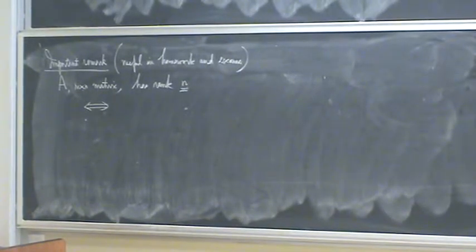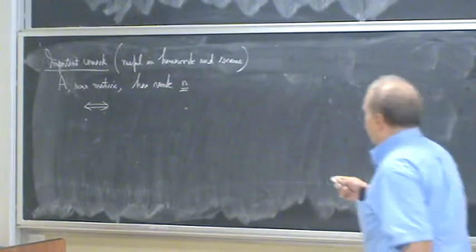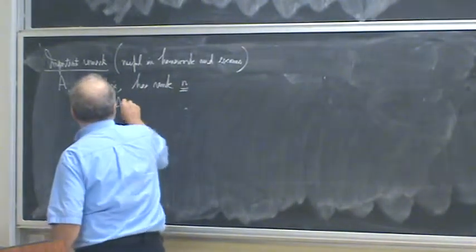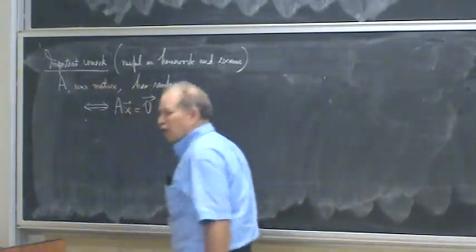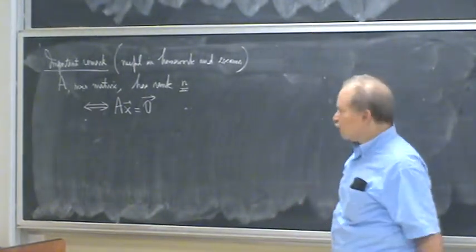What did we say rank n meant? Every column has a pivot. Right. It's unique solutions, provided it's consistent. So what's the one that's easiest because it's always consistent? The homogeneous system, right? If you take the homogeneous system of equations AX equals 0, it's always consistent. You already told me that up there.